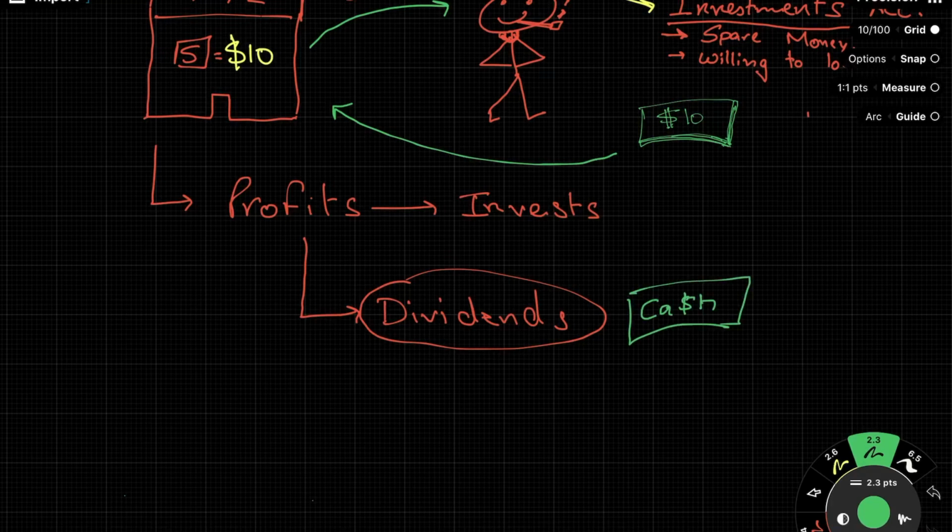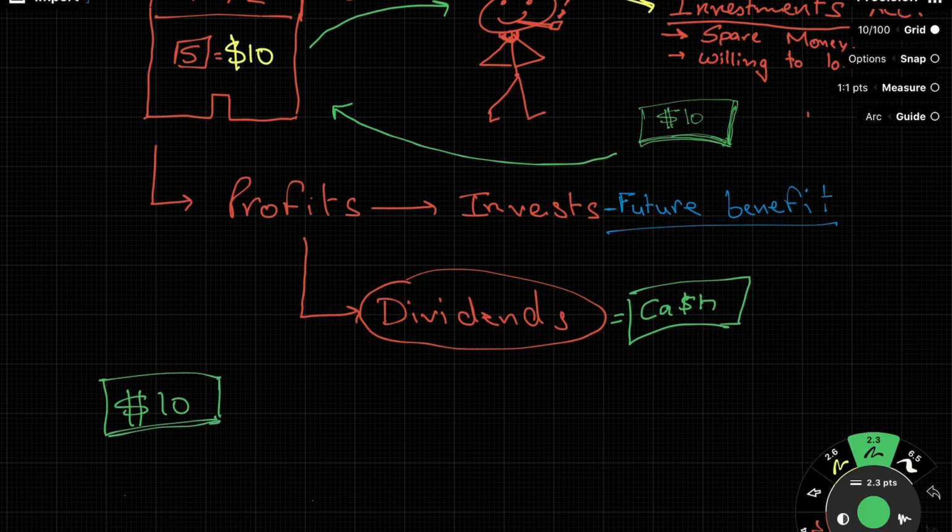So the management of the company decides what they want to do with the profits. If they go with dividends, all the part owners receive cash in their trading account, and it depends on the management how much cash they receive per share. Let's say this company paid $0.07 per share as dividends.